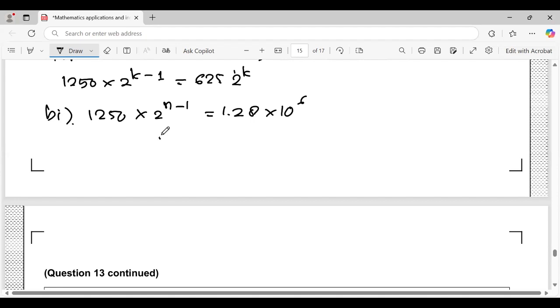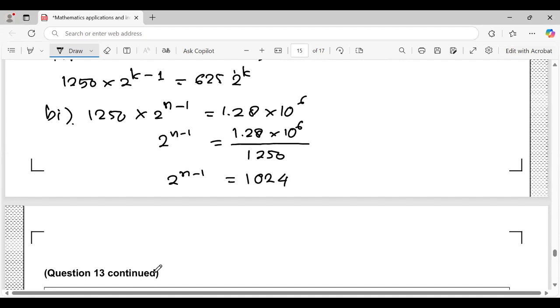So we can write 2 to the power n minus 1 equals 1.28 times 10 to the power 6 divided by 1,250. So 2 to the power n minus 1 equals 1,024, or 2 to the power 10.